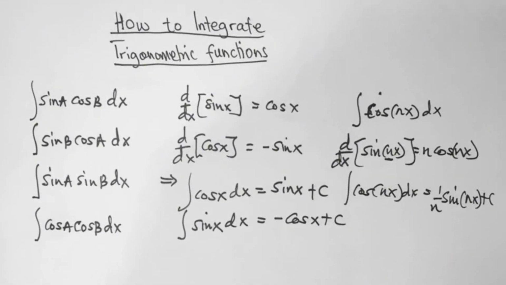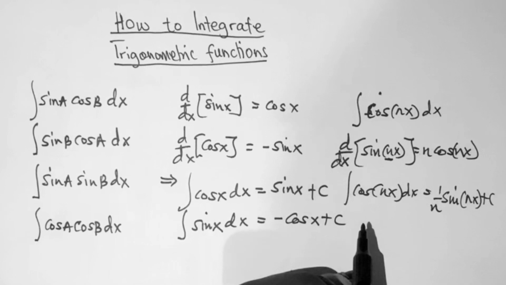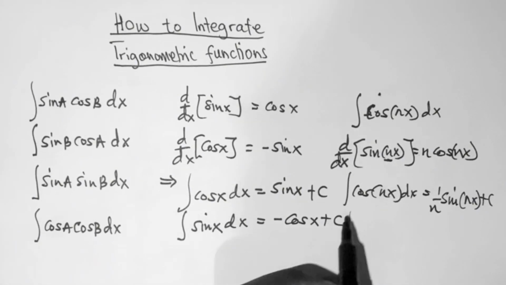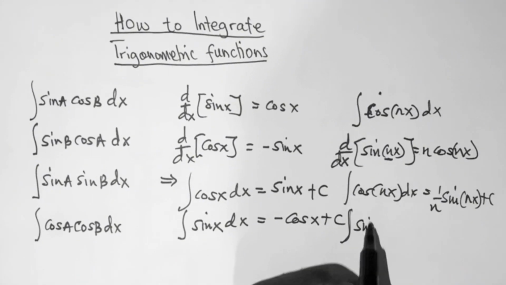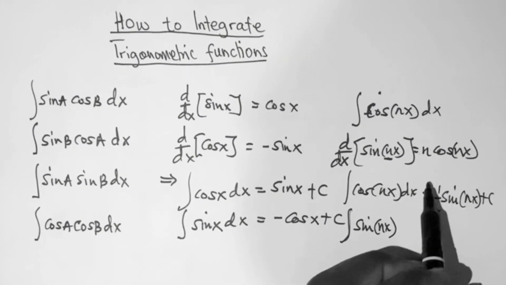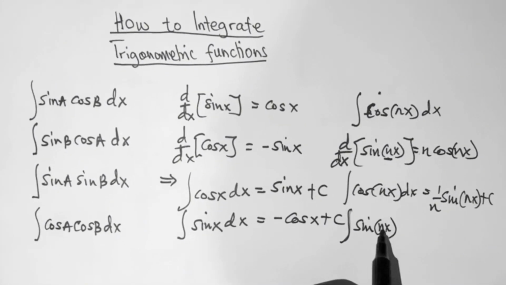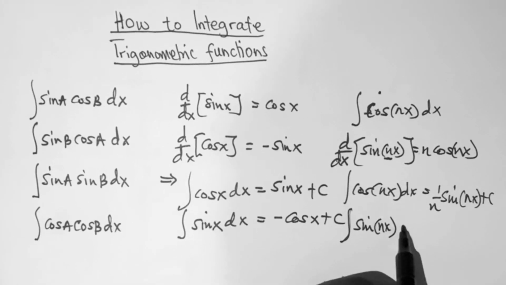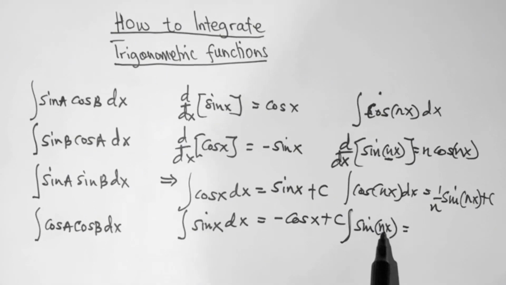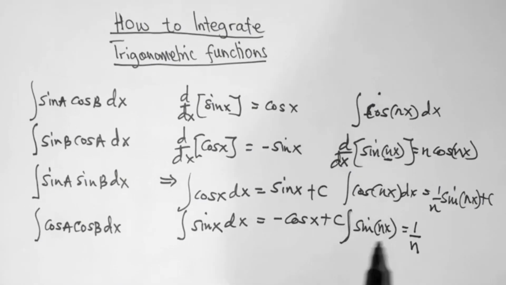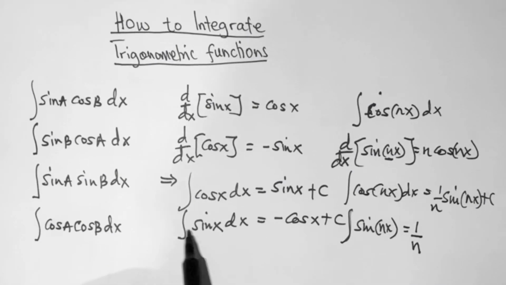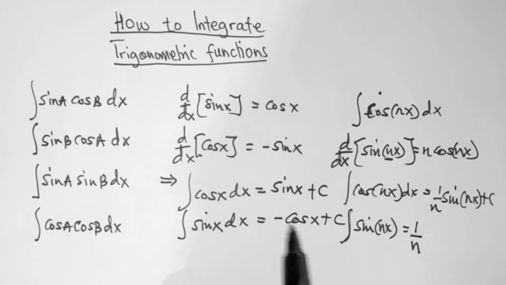the constant of integration. So in that same fashion, for the integral of sine nx, you see that here was 1 divided by the derivative inside the bracket. If you differentiate nx, you get n. So it becomes 1 divided by n. Then if you integrate sine x, you get minus cos x.